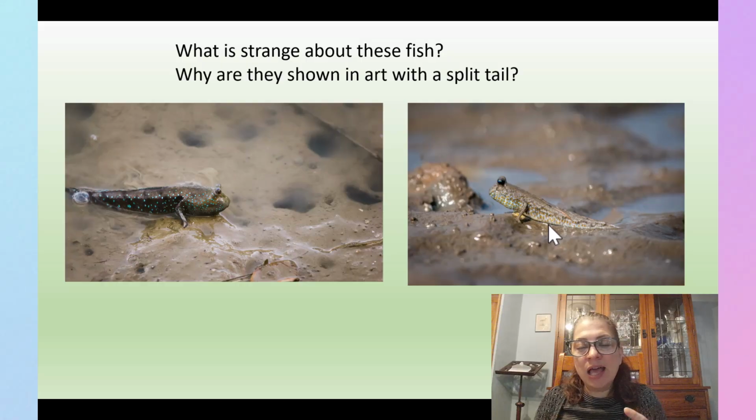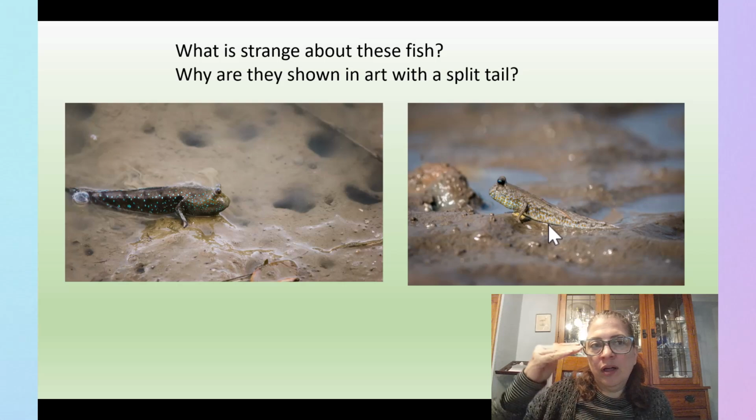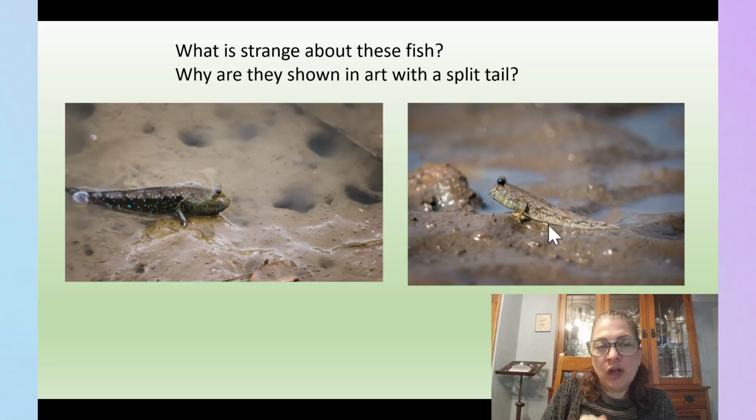And then as all the puddles dry up, they dig down in the mud, and then they hibernate in the mud. So they believe that these fish represent these dualities between the living world and the world under the river, where they believe that the gods live. There's this connection between them that is made.